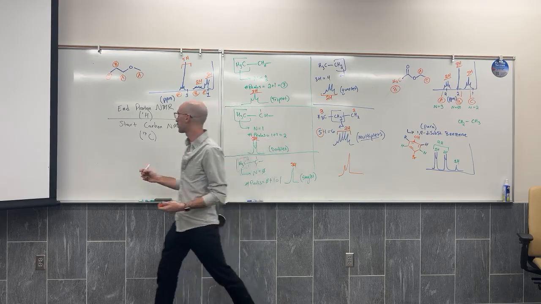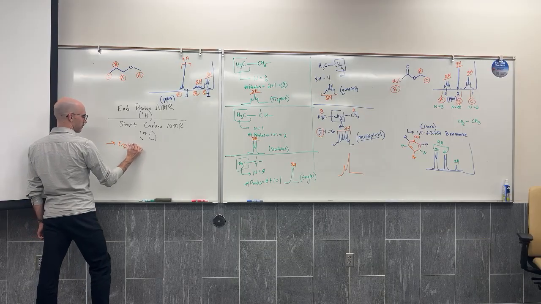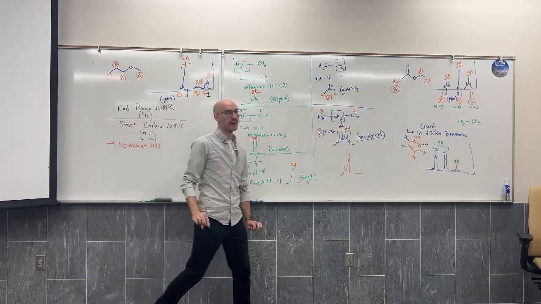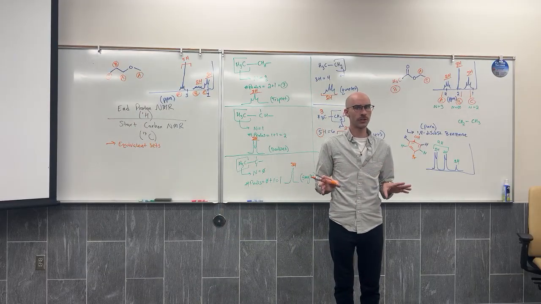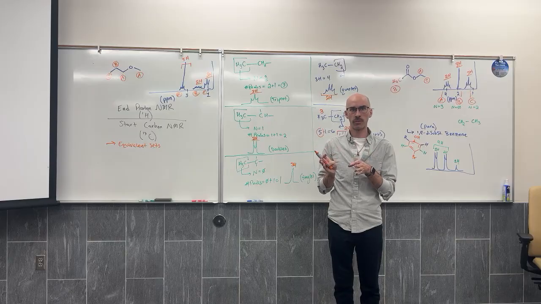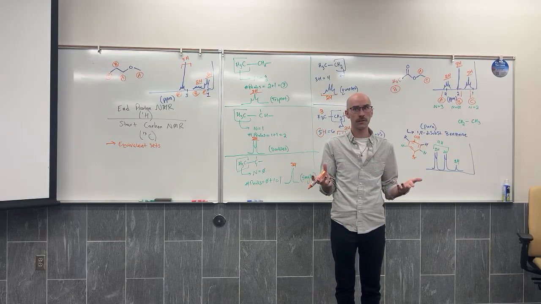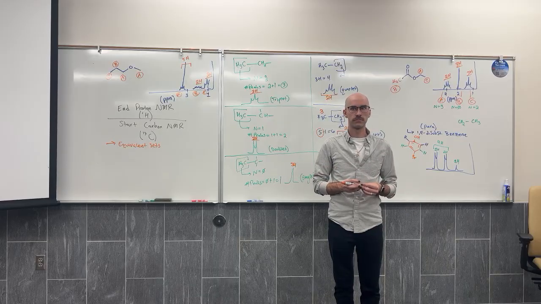So first, equivalent sets. All the same. When you look at a carbon structure, you can assign carbons as either the same carbon because they're symmetric to each other, or distinct carbons because they're distinct from each other.